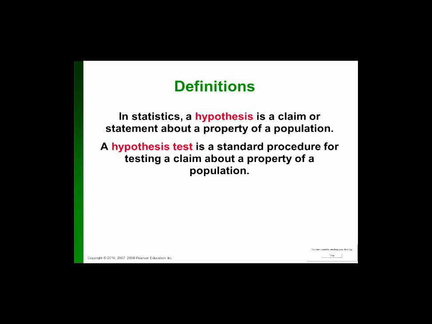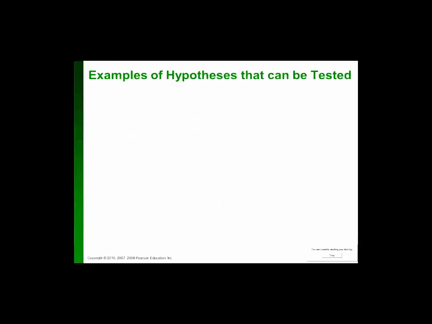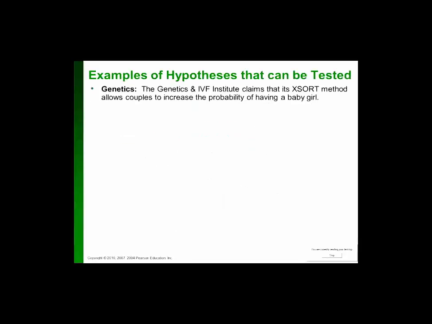The main objective of the chapter is to develop the ability to conduct hypothesis tests for claims made about population proportions or population means. Examples of hypotheses that can be tested: the Genetics and IVF Institute, we've been talking about all semester, claims that the XSORT method allows couples to increase the probability of having a baby girl.